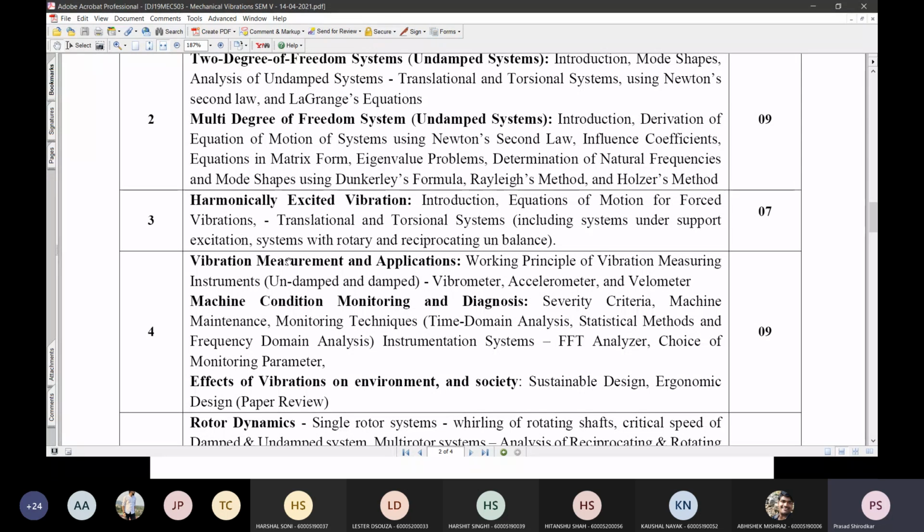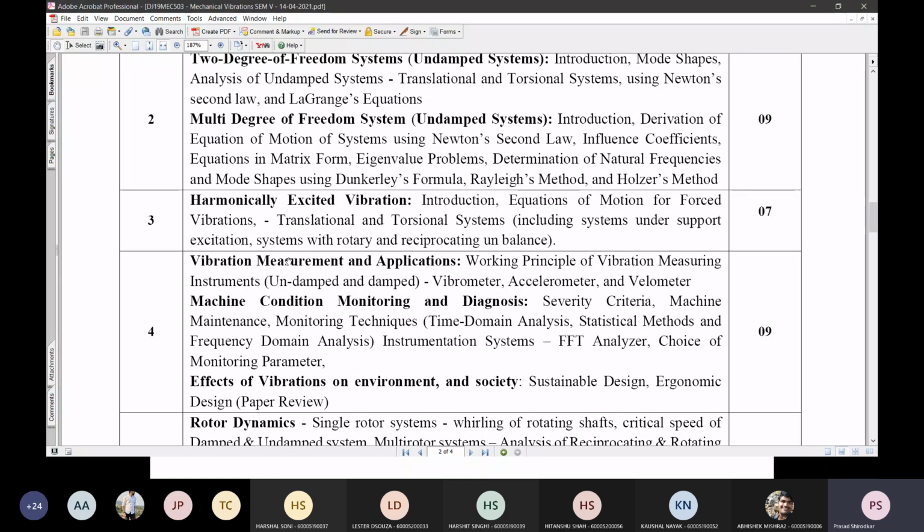An advanced version of this content is an independent subject called tribology, which deals with these kinds of topics. That is one of the aspects of tribology.